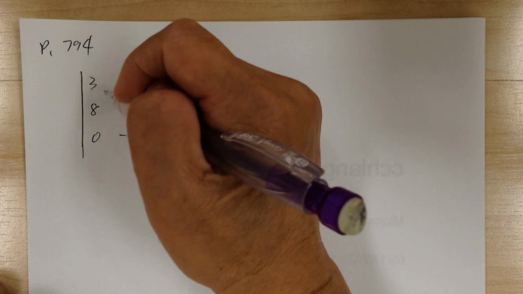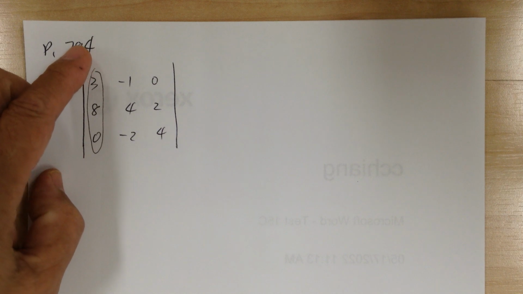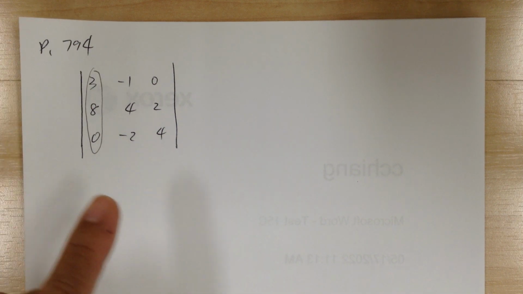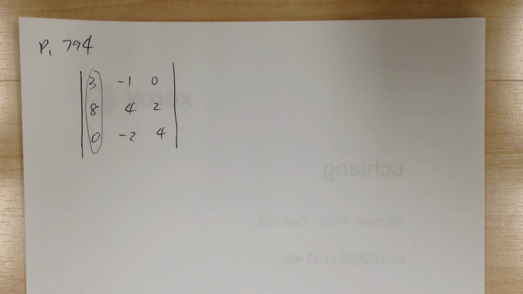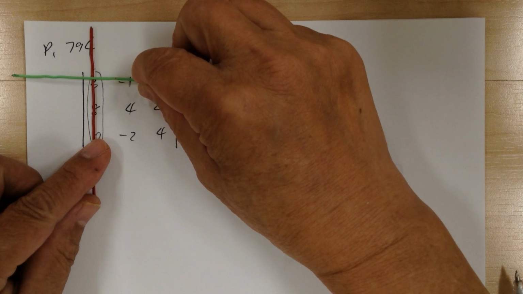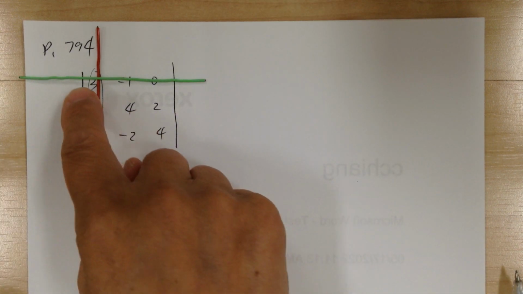So what you want to do is circle that. You're going to do the expansion by the first column, and the way you do that is you do the expansion for each of the elements. You get the two lines and do the crosshair thing. So to do this one, you have to cross out. You can put on the crosshair like that. So this is called a minor for this element.